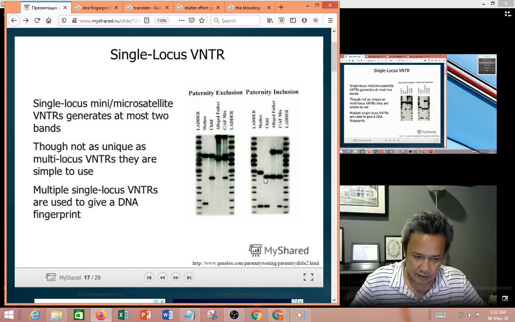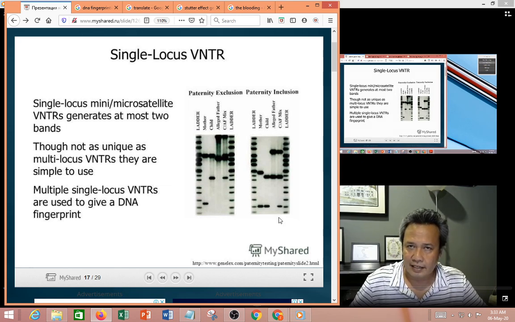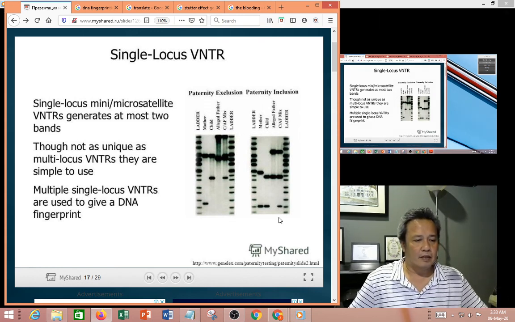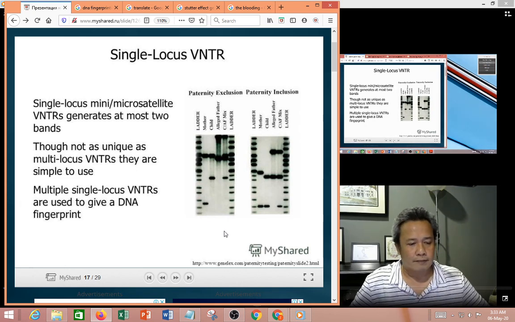That means that one must come from the father. And in this case, the father has the same bands. And when you mix the child and alleged father's DNA, you are going to see just one band here, one band here, and one band. It's not like this. So this is taken as a match. This is taken as a mismatch. All right. So it's easier to see because you're now just looking at one locus. Okay.